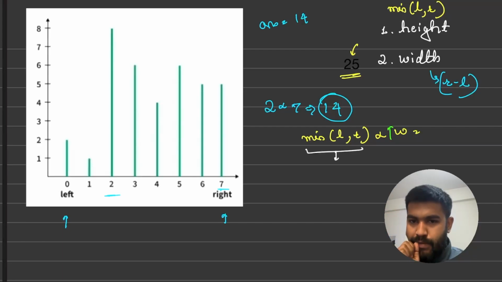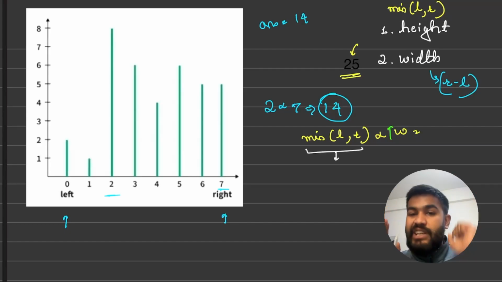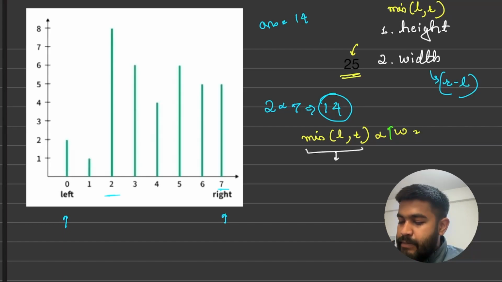We have only one component, and that one component is the minimum of left and right. If the minimum of left and right is increased, then we might find something better. As of now, the minimum here is 2. Here the minimum is how much? 5.